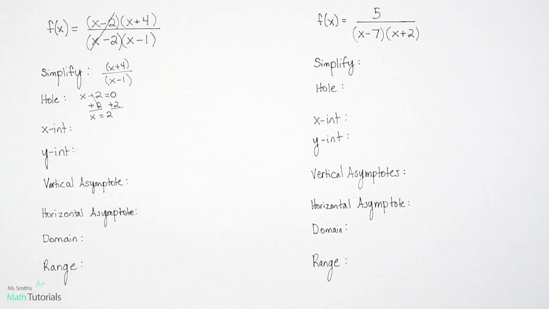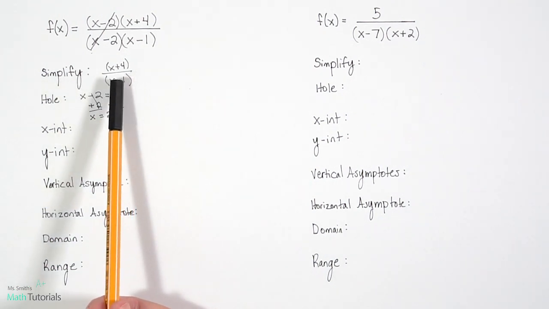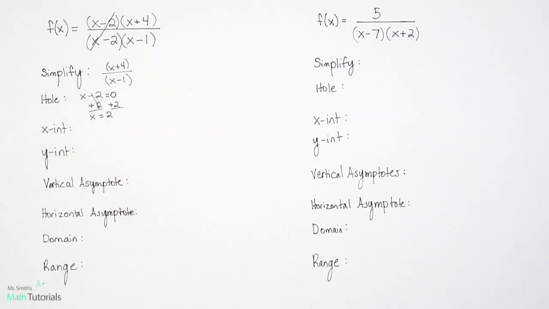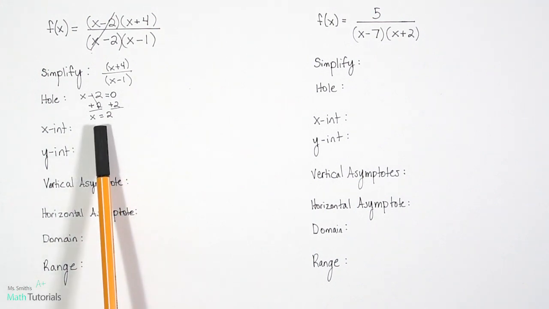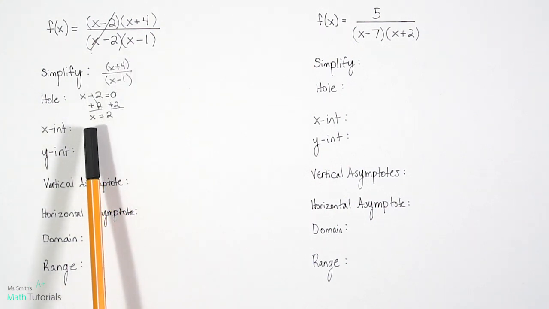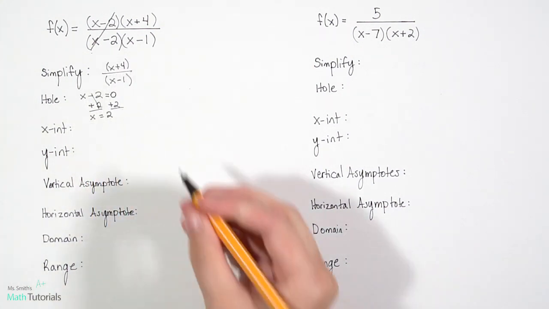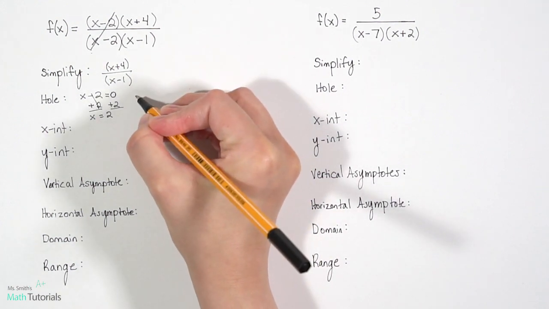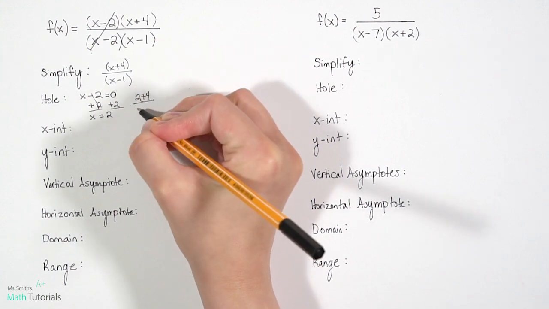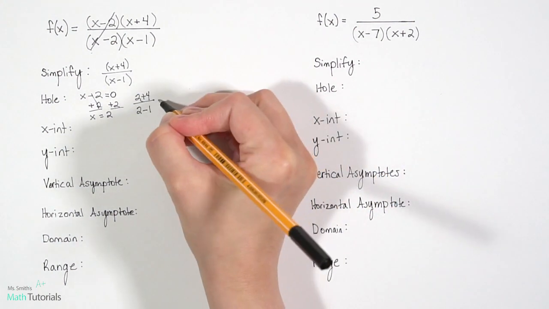Now to find the y value of the hole, remember that we take the simplified version of the equation, which we have right here, and we replace all the x's with the x value of the hole, and then we simplify. Okay, so we're just going to rewrite this, but we're just going to replace all the x's with 2's. So this would be 2 plus 4 over 2 minus 1.